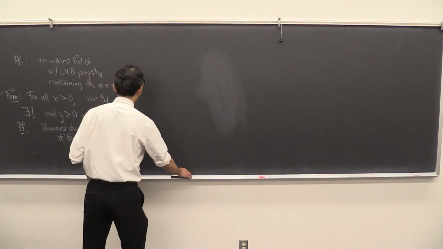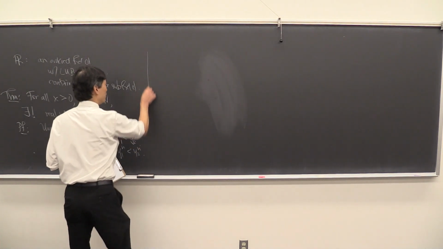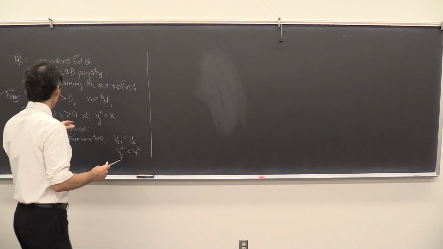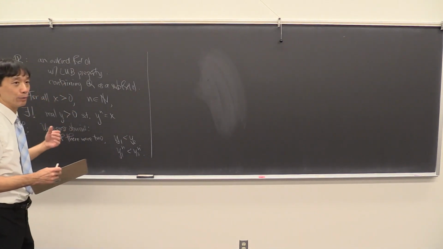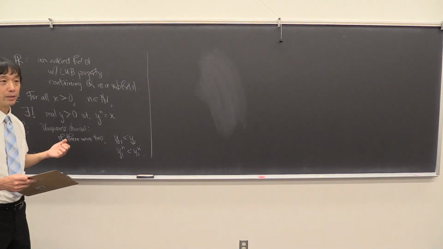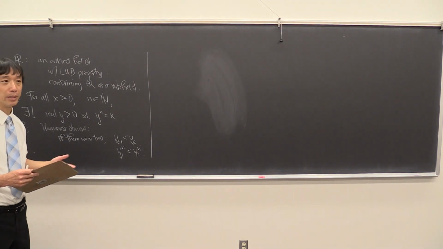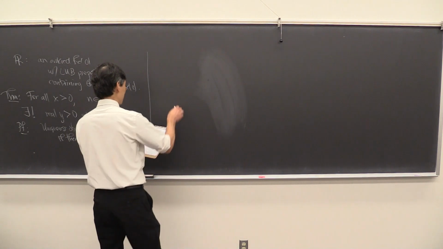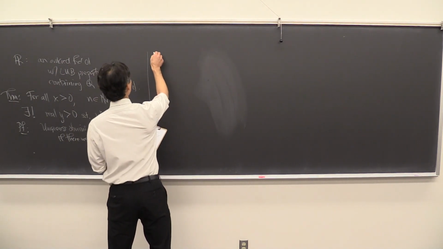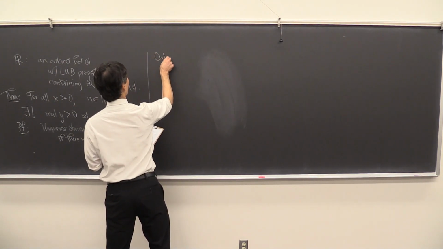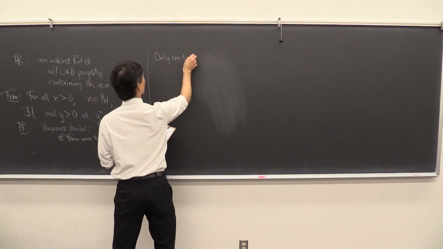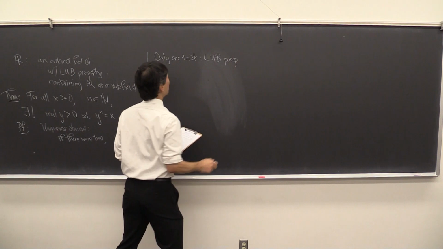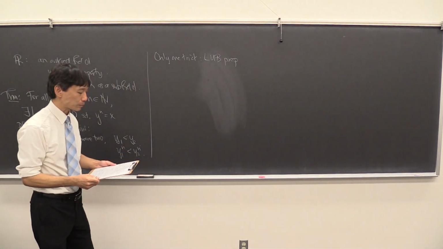So we want to show that there is such a number, and basically our only tool is the least upper bound property. That's our main tool, as you may have noticed. We have only one trick: the least upper bound property.